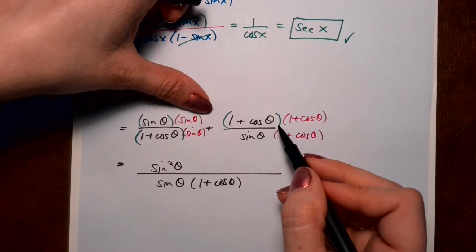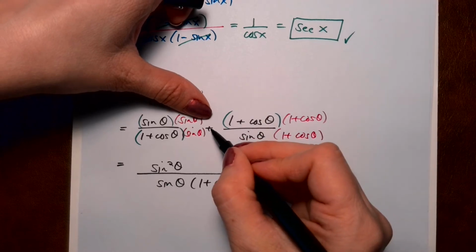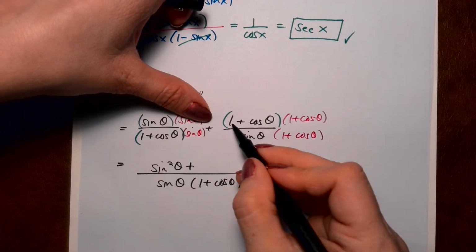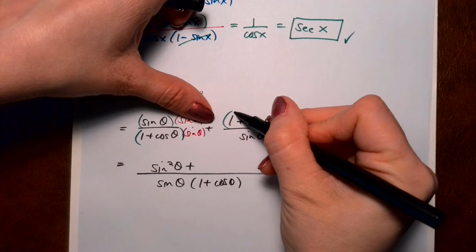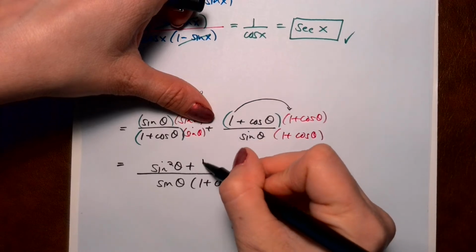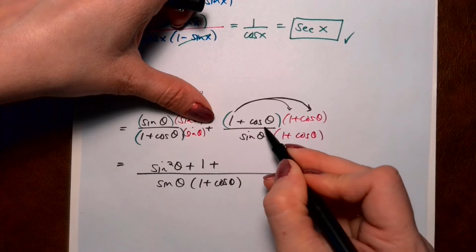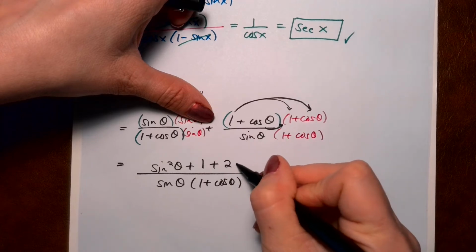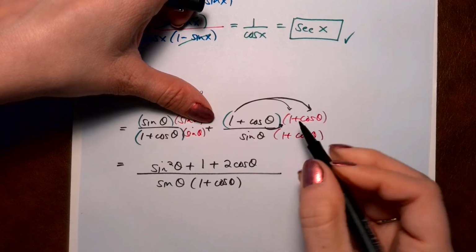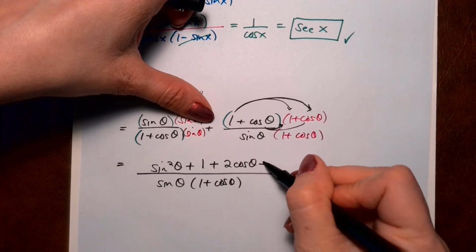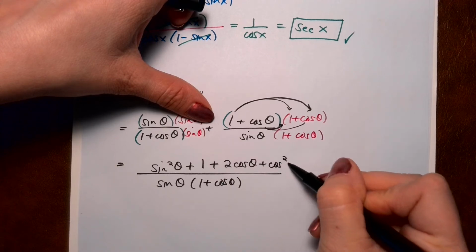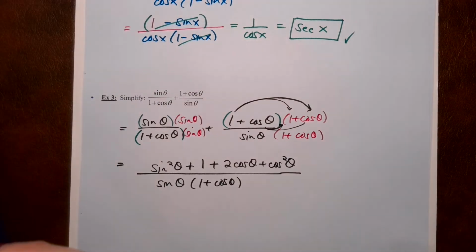Over here, we're going to have to make sure we factor. It's got a plus sign. Distribute these factors. So we've got 1 times 1 out firsts, and then the outers and the inners. That's going to be 2 cosine of theta, and then the lasts, plus cosine squared of theta.